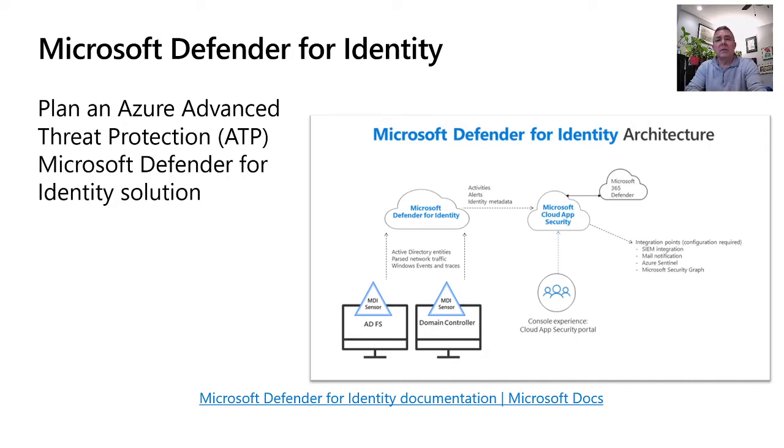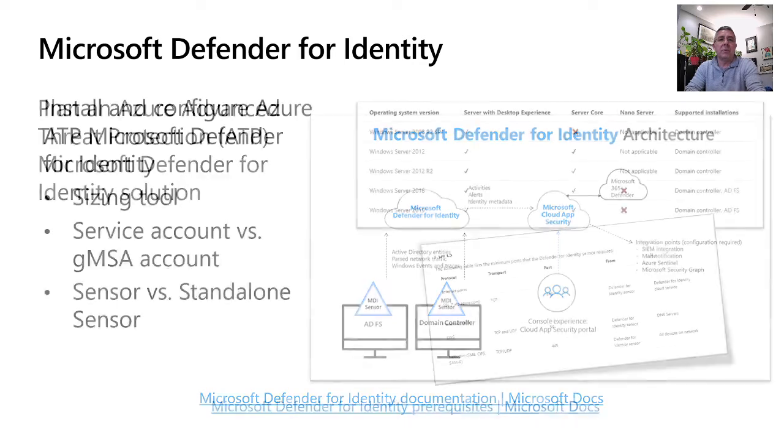The prerequisites, the operating system capabilities, the network protocols that you need to have open for communication. Looking at the agents and when you may do a standalone versus an agent, a regular service account versus a group managed service account. Knowing the differences, when which is appropriate, the operating system requirements for each will be very useful to you in prepping for this exam.